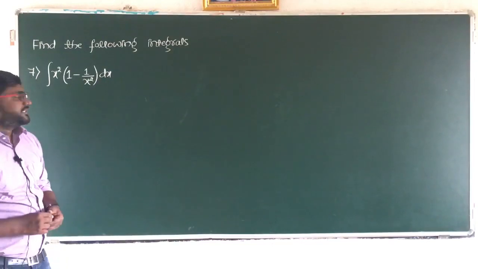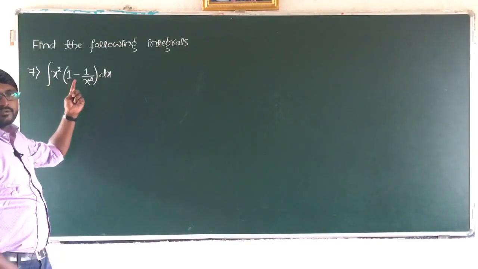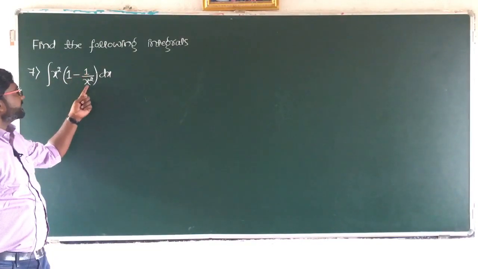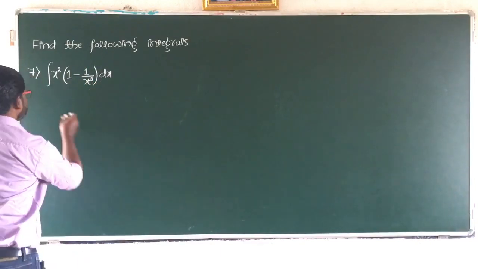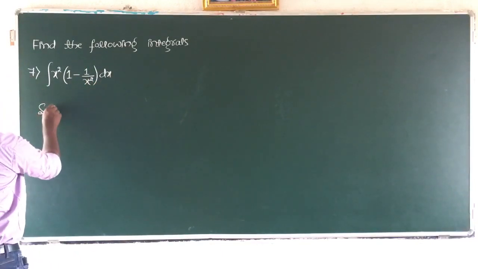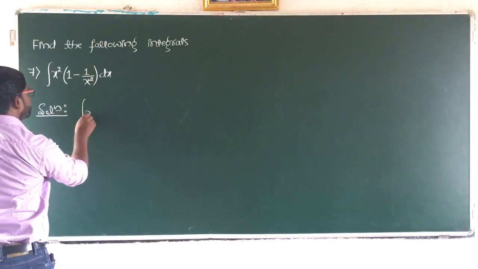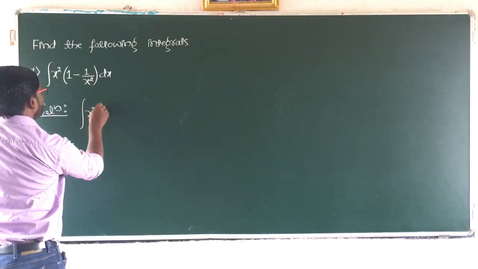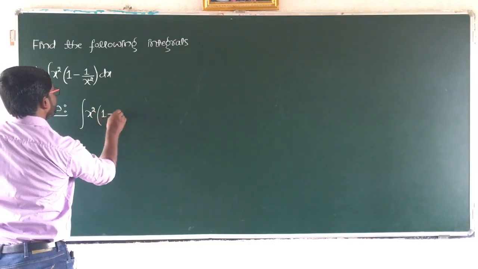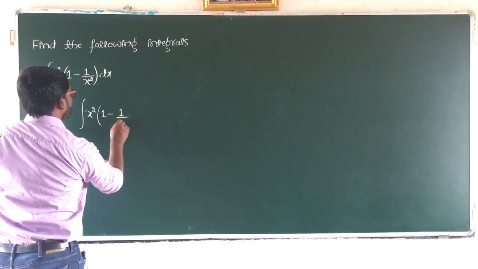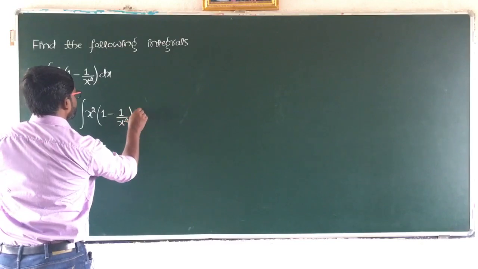The seventh question: integral x square into the bracket 1 minus 1 by x square dx. Write the given integral as it is, x square into 1 minus 1 divided by x square dx.